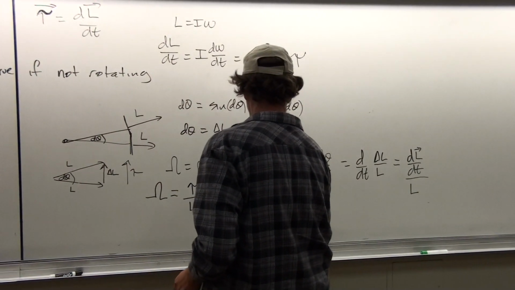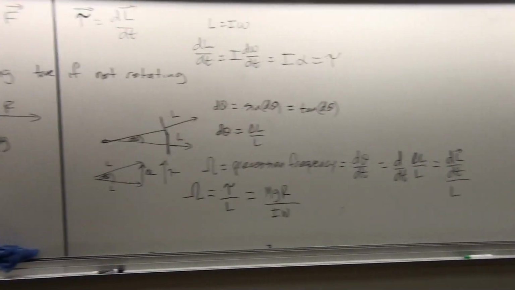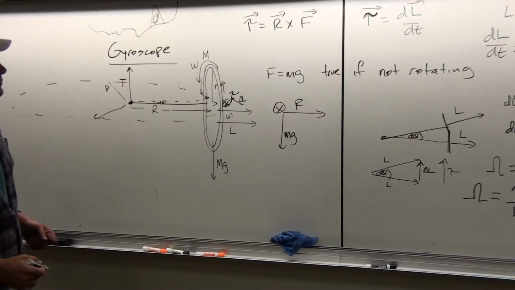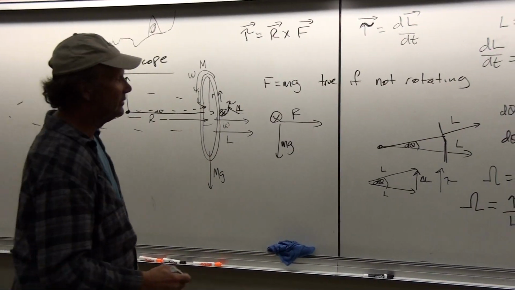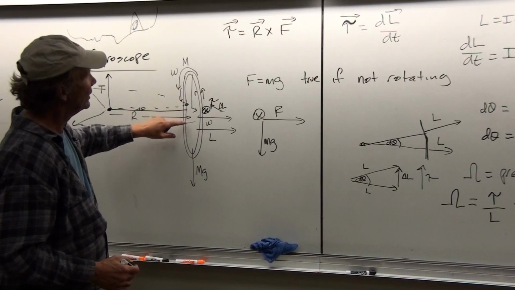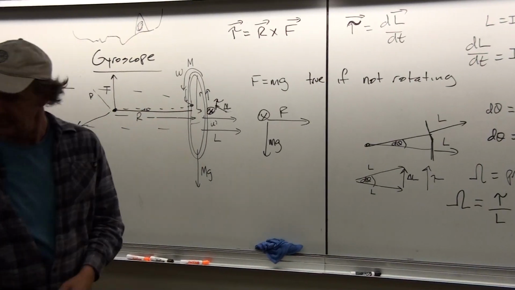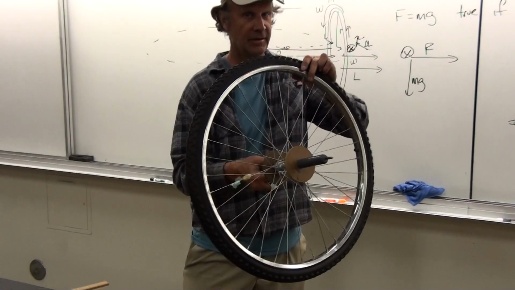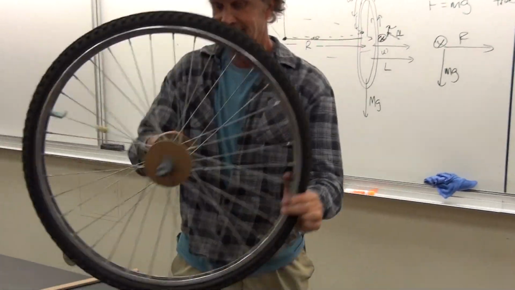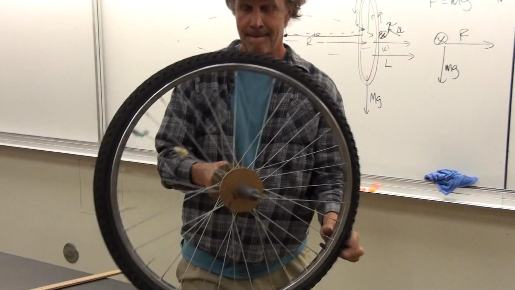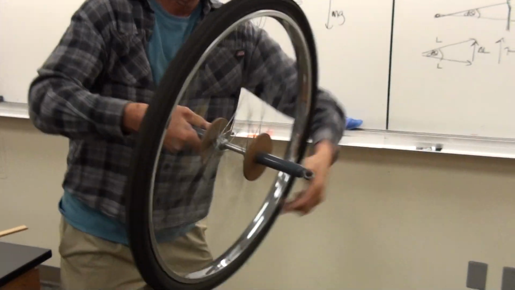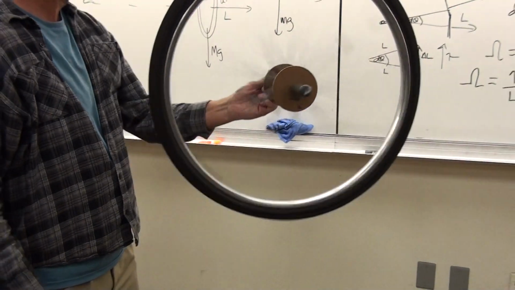Okay, so L then is I omega. This is a different omega. This is the omega that's associated with the rotation rate of the disk. And if this were a uniform disk, we'd make it 1/2 mr squared. But since it's a bike tire, as it rotates, here, let's make it go the other way. There, like that.